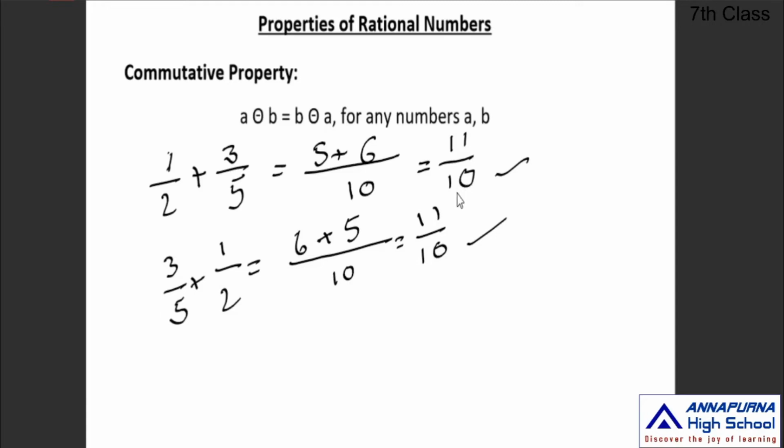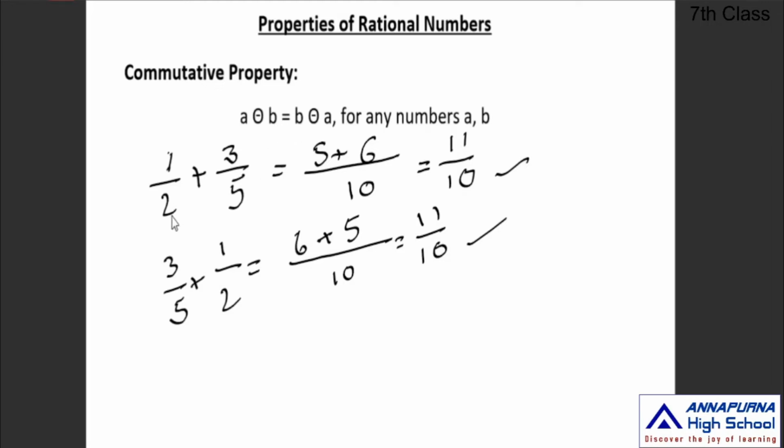Here you remember one most important point: the commutative property concerns the order of the numbers for applying the fundamental operation. A ∘ B is equal to B ∘ A. Here we do not change the fundamental operation, we change the order of the numbers.